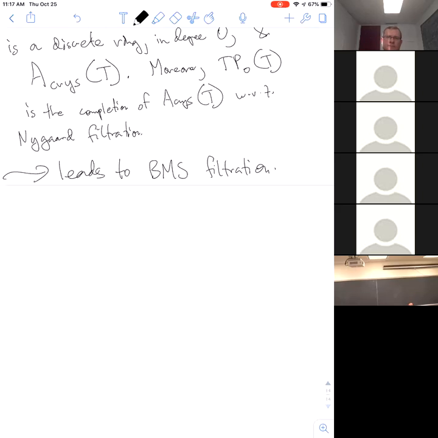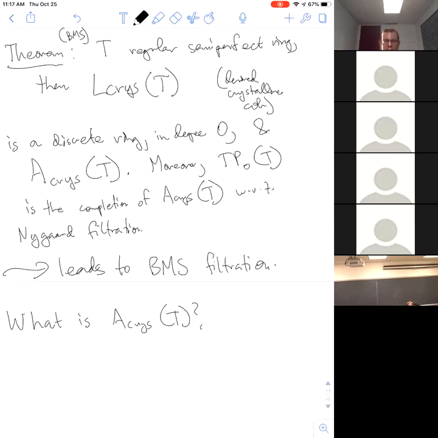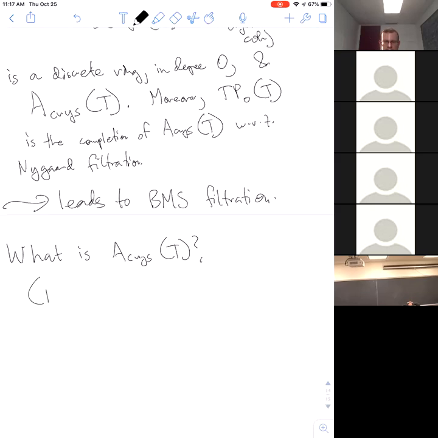Okay, so let me say something about this ring A_crys. It's a somewhat large construction. T is already a pretty large ring. It's a regular semi-perfect ring. So T could be something like the ring F_p[x^(1/p^∞)] mod the element x.